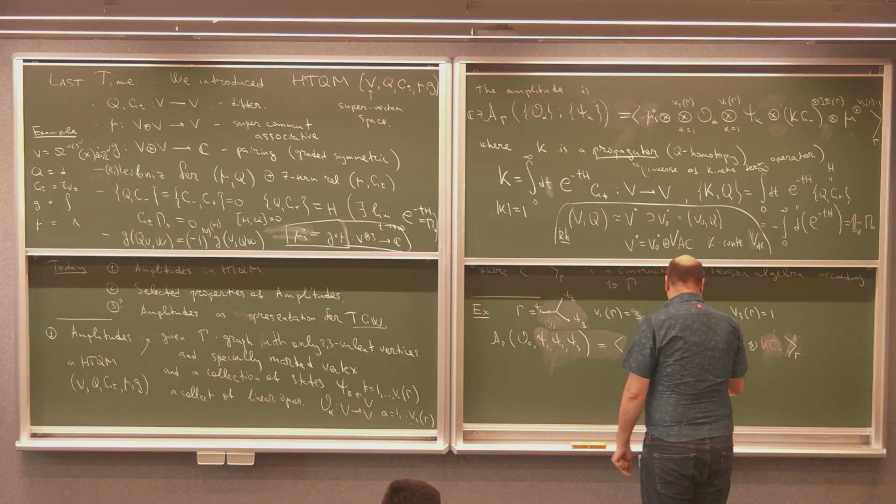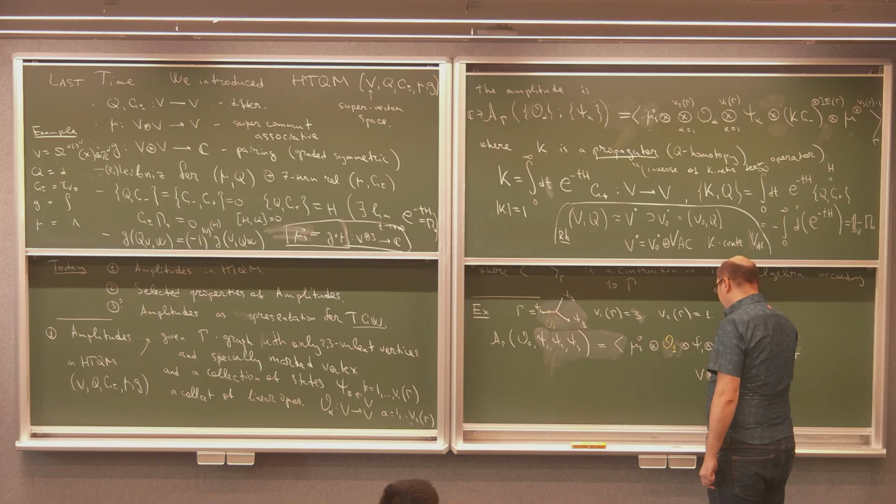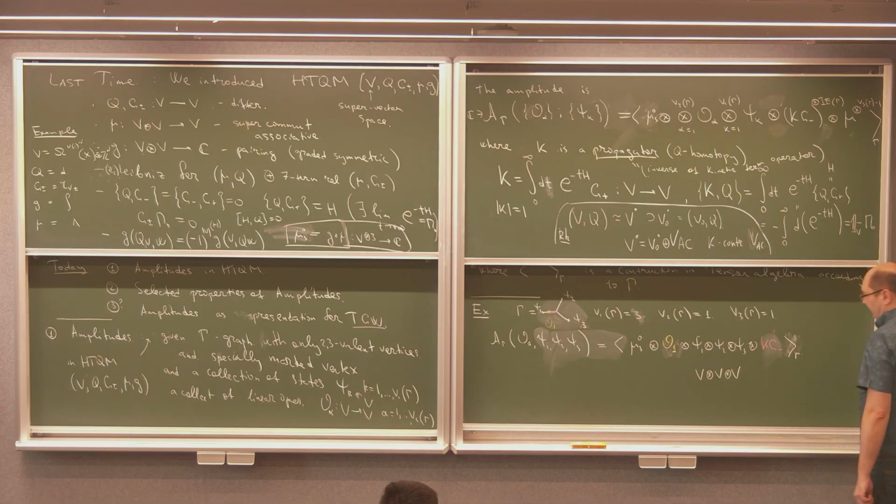So how do we produce a number? Let us recall that psi 1, psi 2, and psi 3 are elements from V, so we have three elements from V in the tensor algebra.